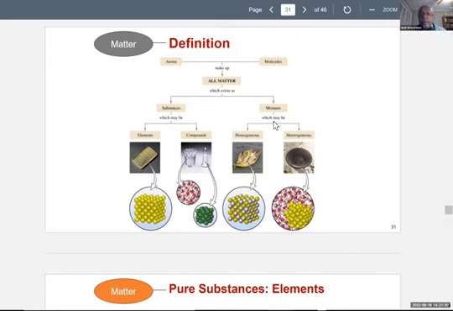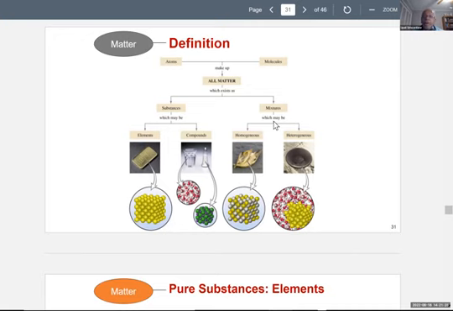So they could be heterogeneous or homogeneous mixtures.